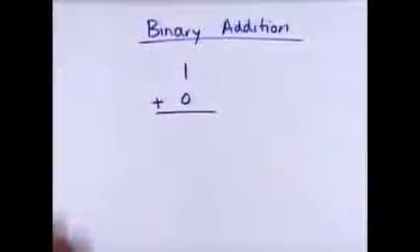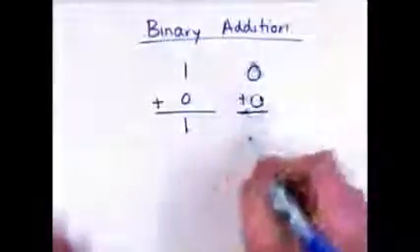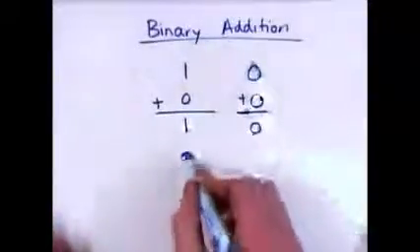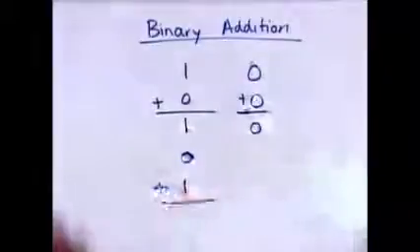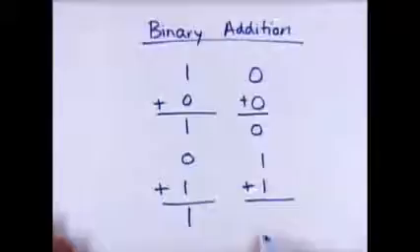If I want to take two binary numbers, like 1 and 0, and add them together, what will I get? 1. How about 0 plus 0? 0. How about 0 plus 1? 1. And 1 plus 1? It's 2, right?